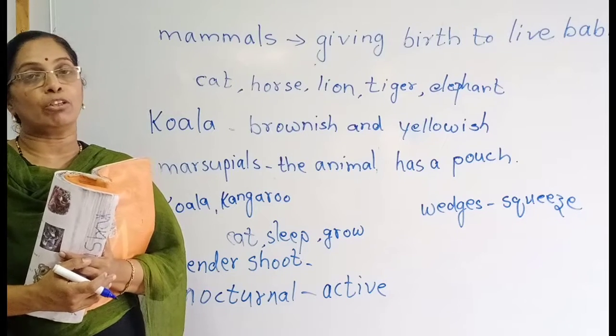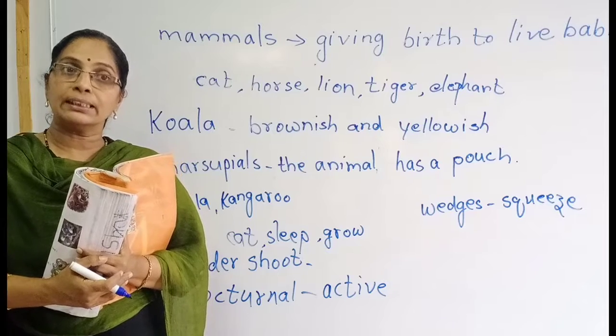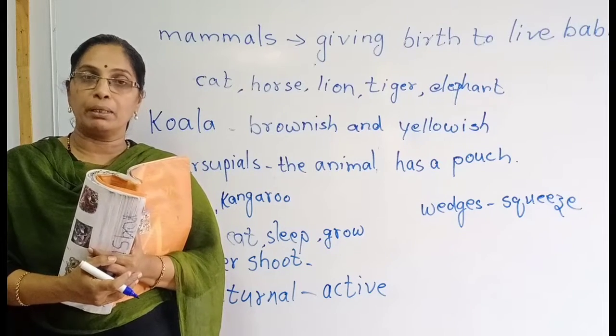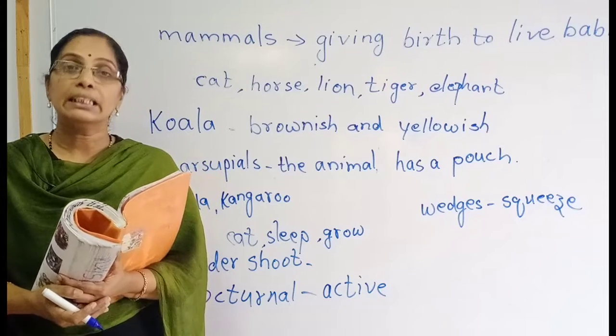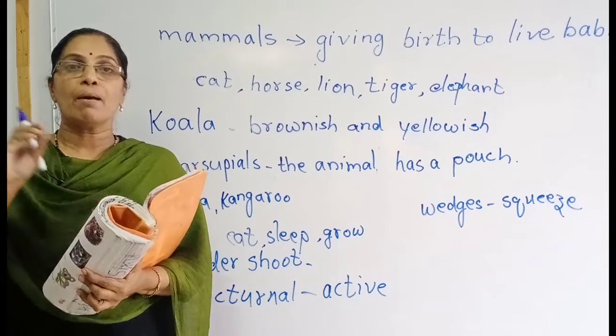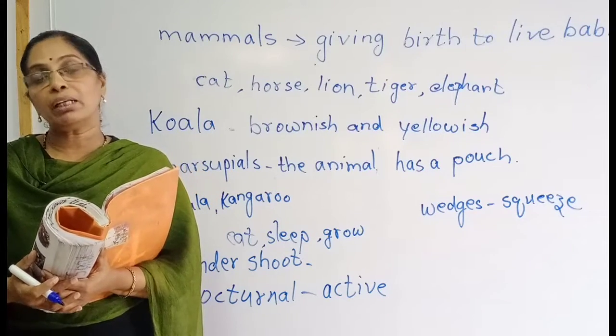All animals should be on the earth. So the ordinance declared that don't kill this koala animal in 1936. Okay children, and they provided the particular place to reserve this animal koala.